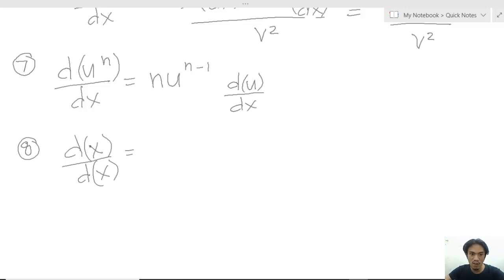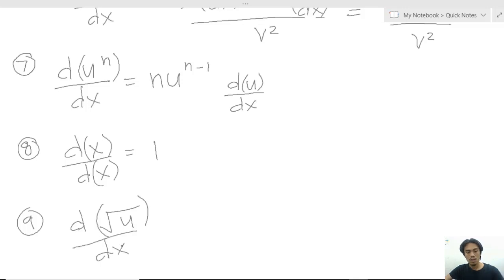The derivative of a variable with respect to itself is equal to 1, and the last one would be the derivative of the square root of u with respect to x.